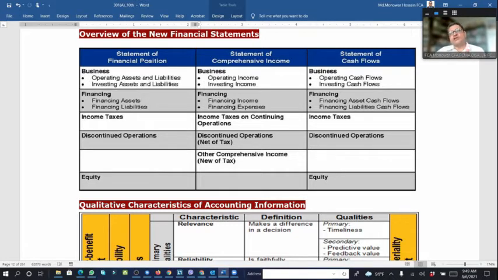And cash flow is also the combination of operating activity, financing activity, and investment activity.